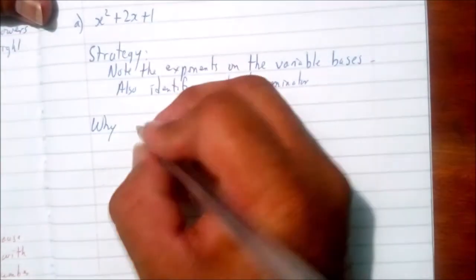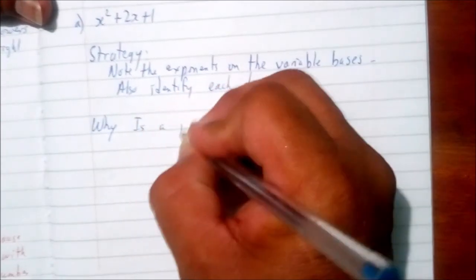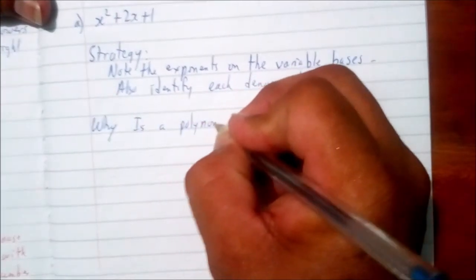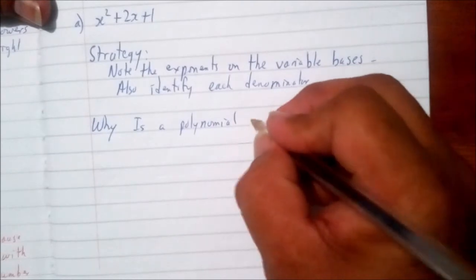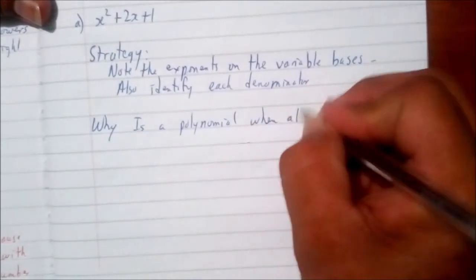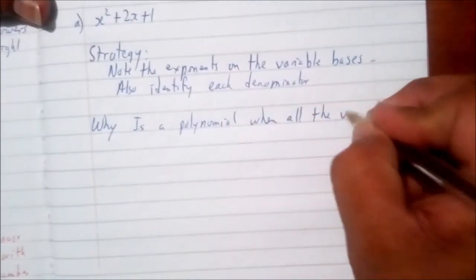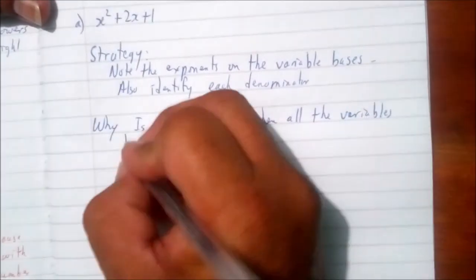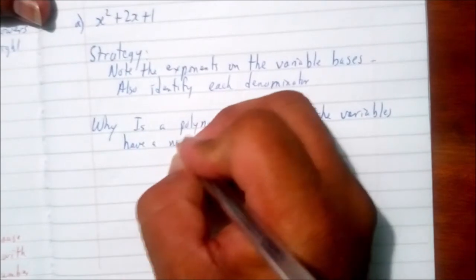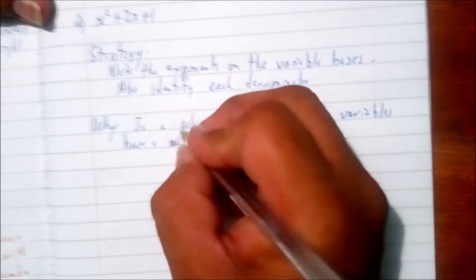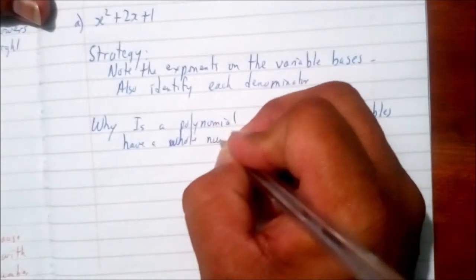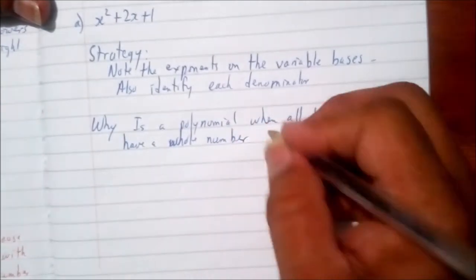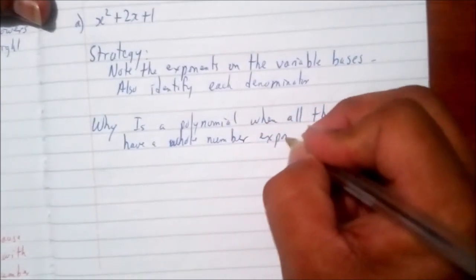This one here is a polynomial when all the variables have a whole number exponent. Very important, a whole number exponent.